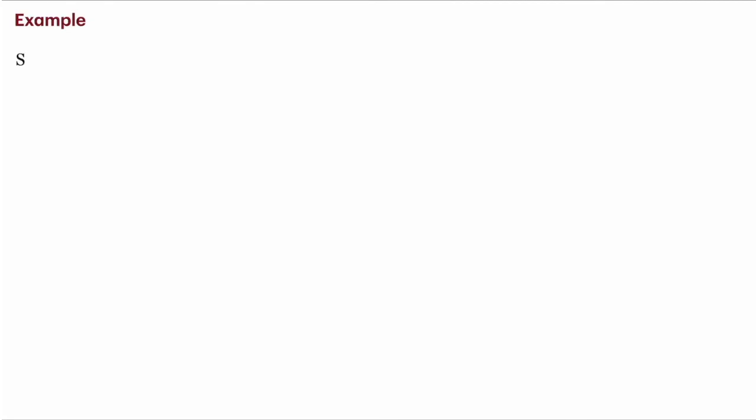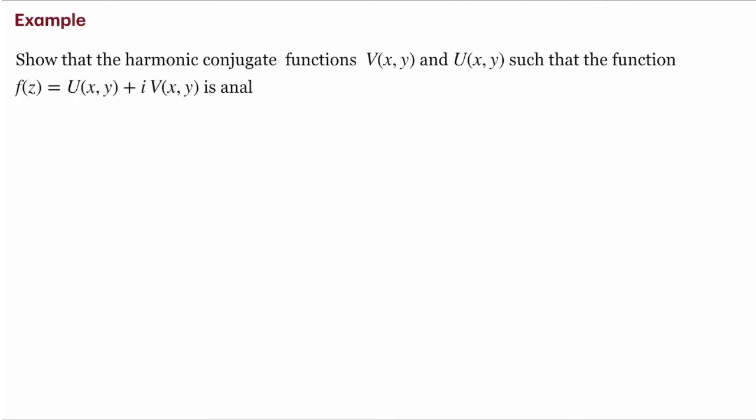It's time for an example. Show that if v of xy is the harmonic conjugate of u of xy, such that the function f of z is equal to u plus iv is analytic in a domain, then del u dot del v is equal to 0, which we have shown as an example.